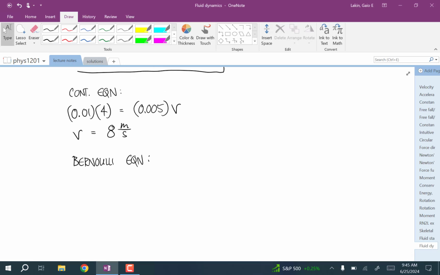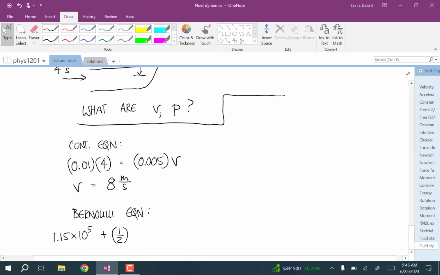And that says that at the left end, the pressure, which is 1.15 times 10 to the 5th pascals, plus 1/2 times the density. Now this is water, so remember that the density of fresh water is 1,000 kilograms per meter cubed.